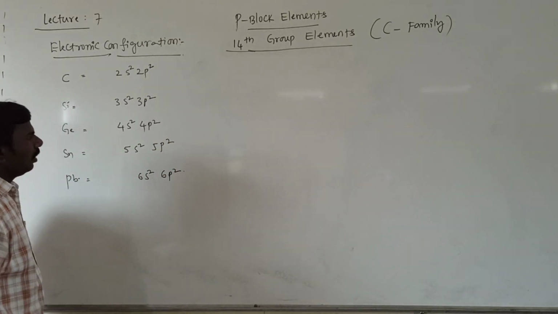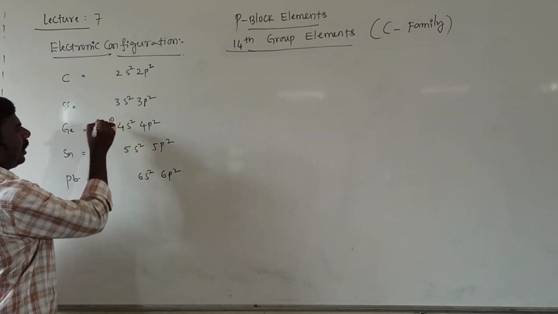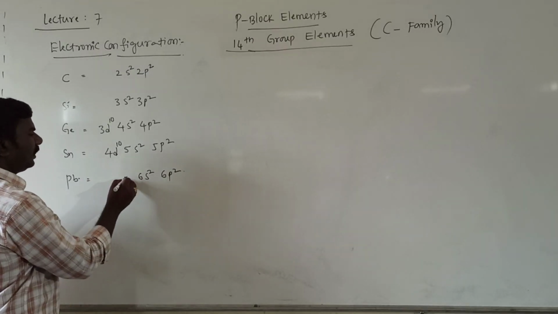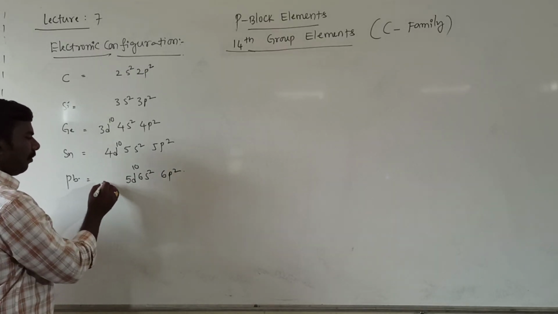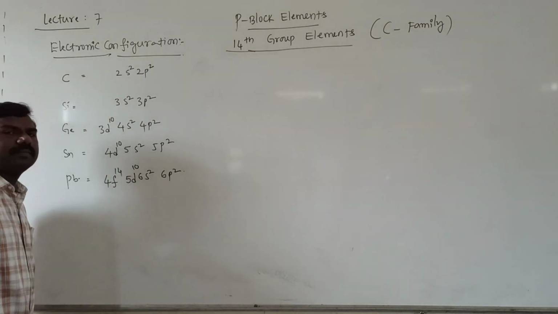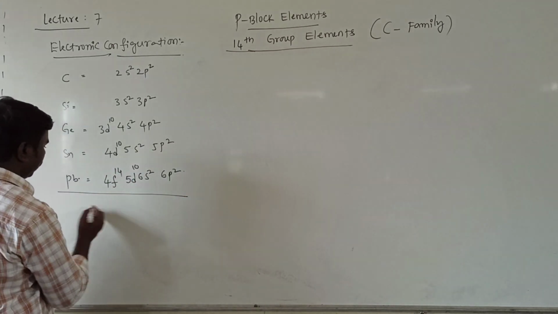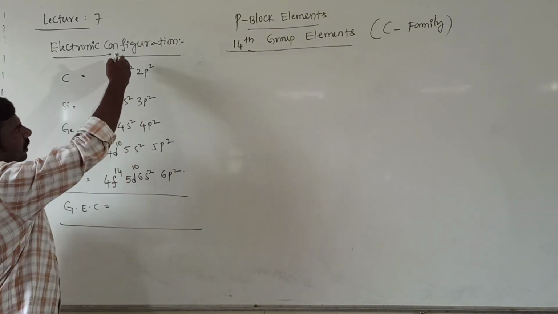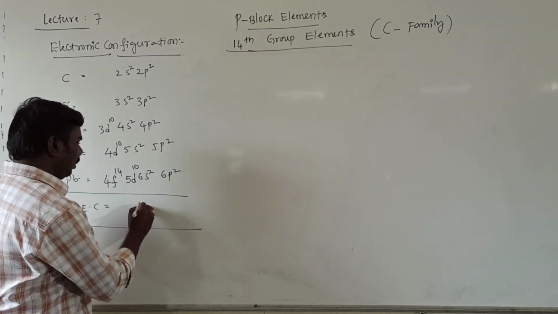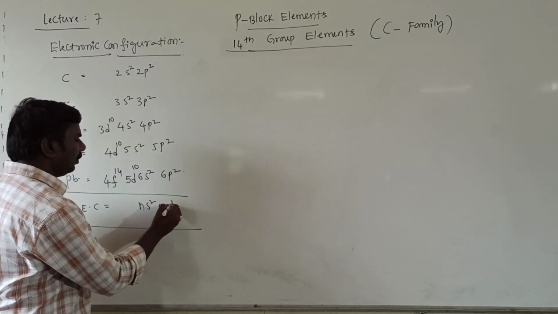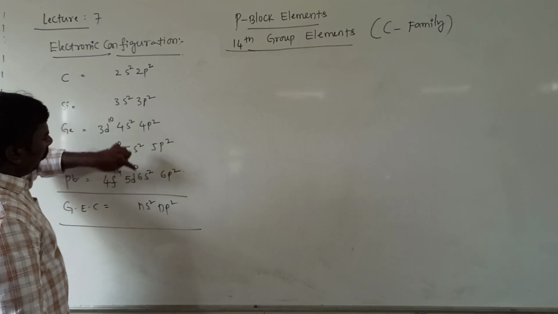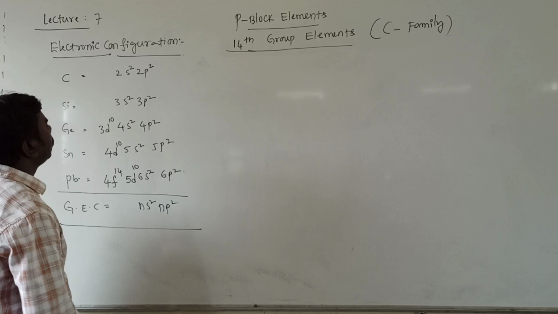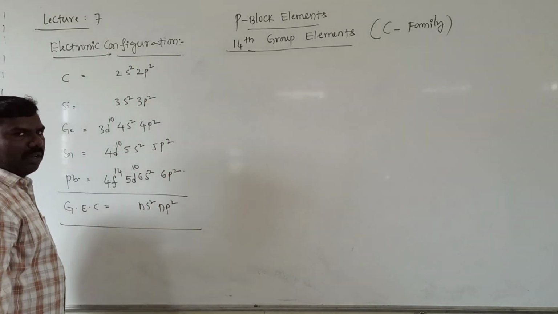Before 4s there is 3d10, before 5s 4d10, before 6s 5d10, and before 5d10 there is 4f. So the general electronic configuration of these elements is ns2 np2. The n value will be 2, 3, 4, 5, 6. Like this we have to write the configuration.